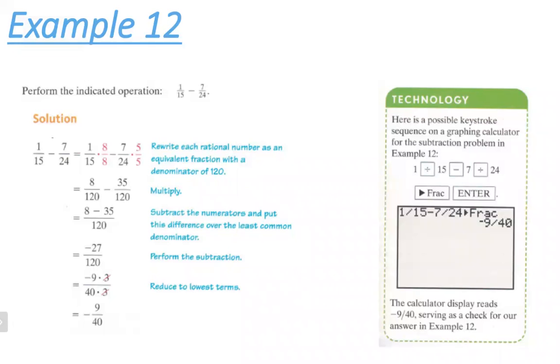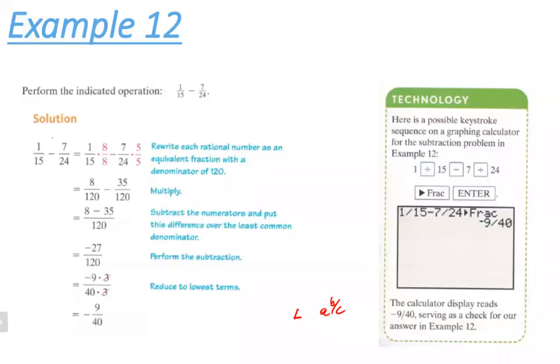But in this section, they were also looking at using the fraction key. Okay. So depending on how your calculator is set up, you can enter the same fraction in your calculator. Some fraction keys have like an L shape, and some just have the A, B/C.